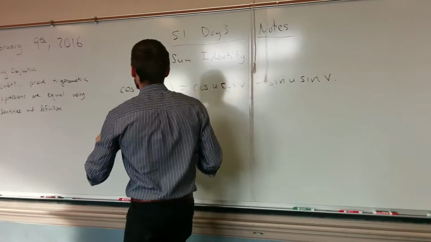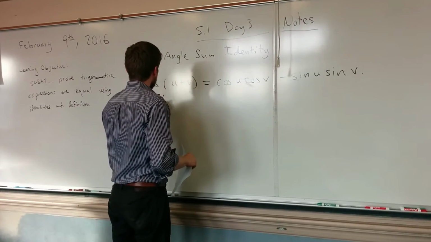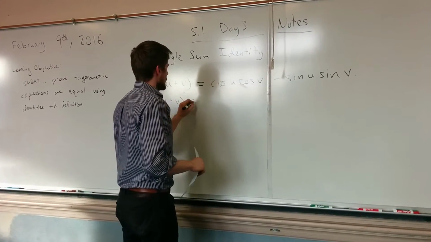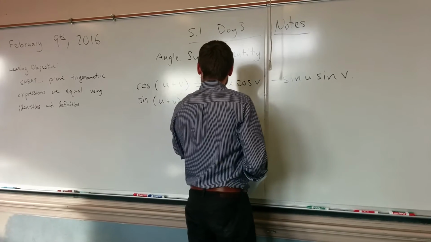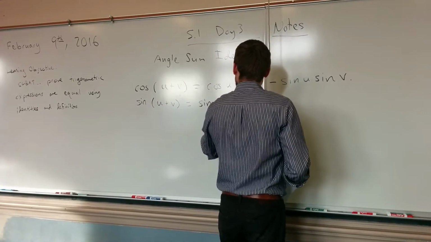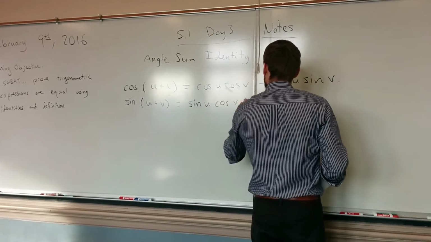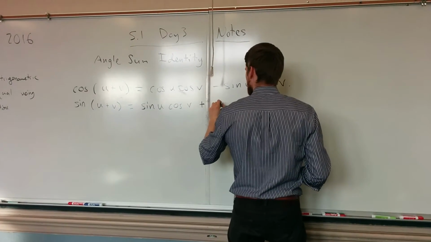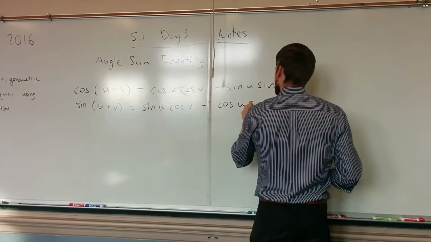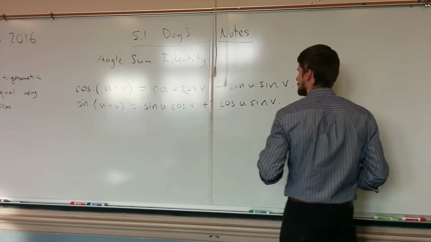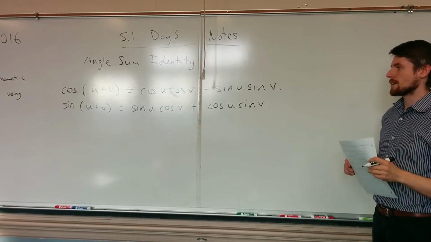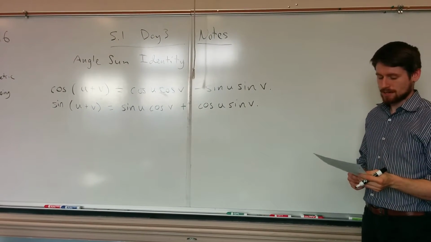The angle sum identity for sine is the sine of u plus v equals the sine of u cosine of v plus the cosine of u times the sine of v. Those are the two angle sum identities for cosine and sine.